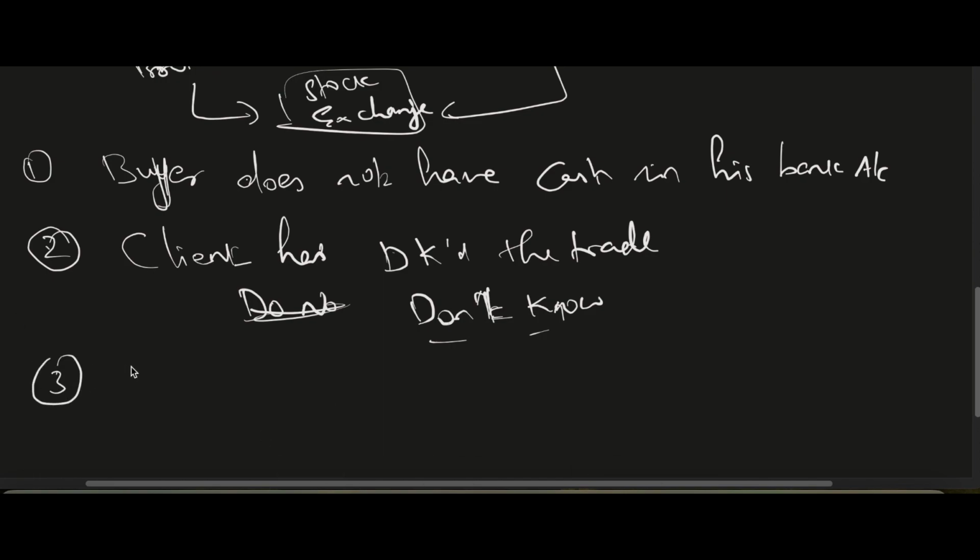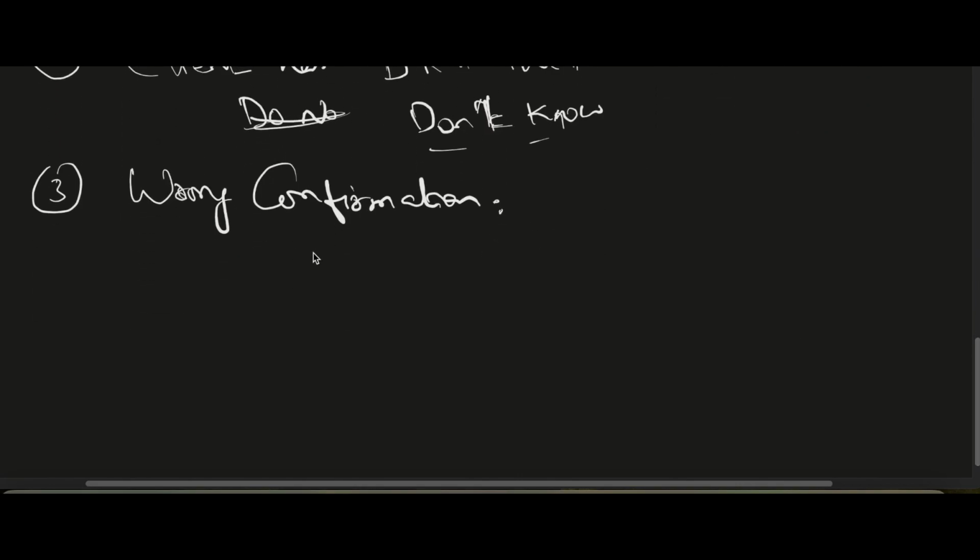Then the third one is wrong confirmation. It has reached the right client, but he is not happy with the static data and trade data that I spoke about in trade life cycle. There is a mismatch in some data.